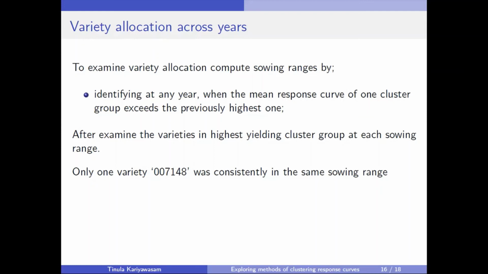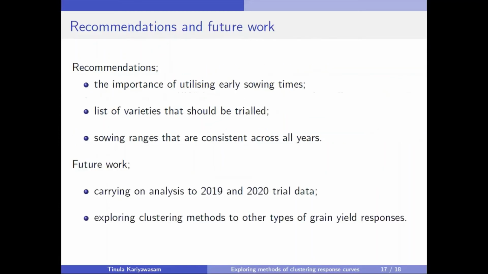We're sad to see it, but we got one variety. However, there were some good recommendations I was able to make towards DPERT. One particular one is the early times of sowing. I think we saw in many of our response curves around mid-April, end of April, most of them with a particular high yield response for varieties.